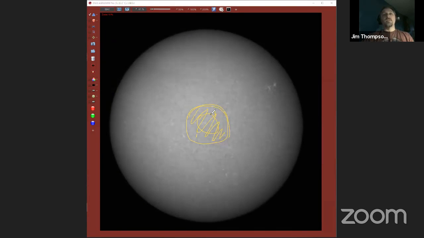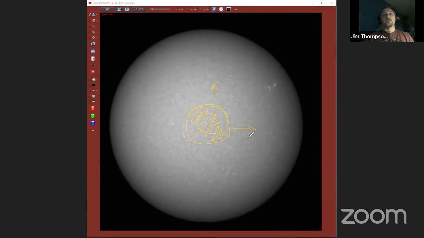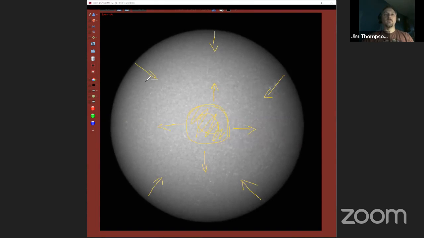And the energy from that reaction, from that fusion, is pushing out in all directions. And it's only the gravity of the star that is holding it all together. So the gravity of the material outside of the core is pushing it all back down in again. And so there's a balance between those two forces.